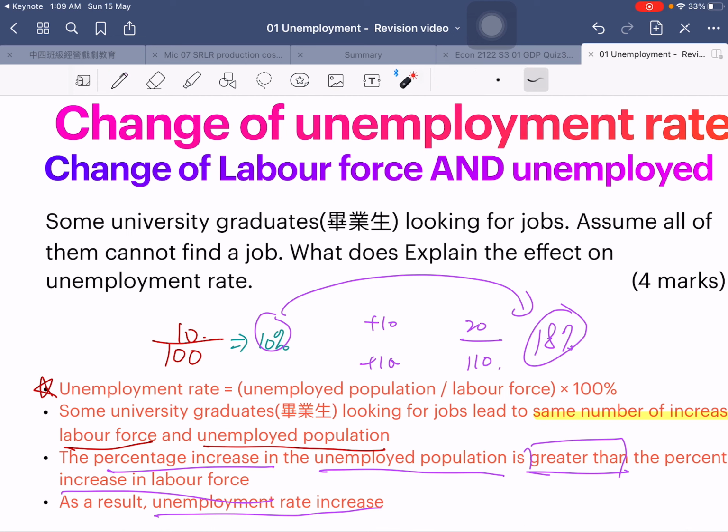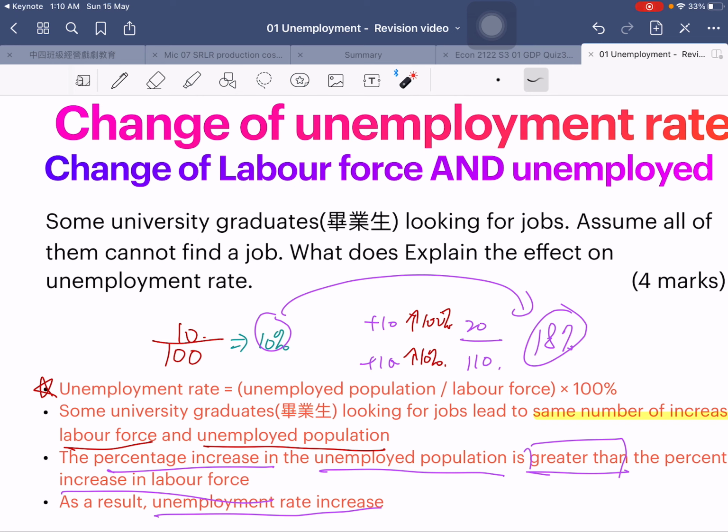Because 10 compared to 100, the labor force is only increased by 10%, compared to unemployed 10 increased by 10, which is an increase of 100%. So that's the logic. However, if you just want to get the full marks, it will be simple. You just need to know how to write down these answers.